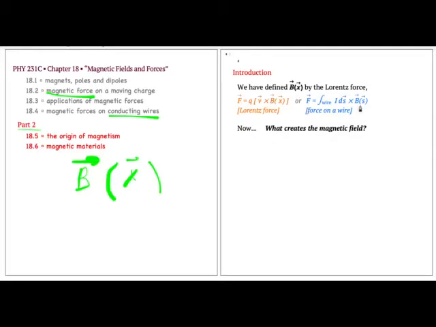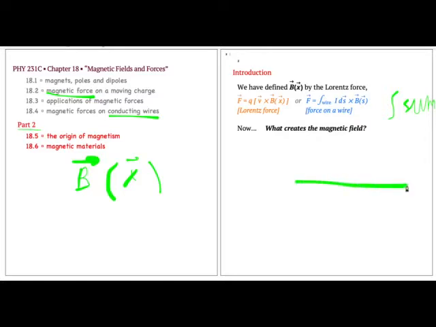Or the force on a wire carrying a current I in a magnetic field. It's the sum, so this symbol means sum. It's really a symbol from calculus, but we don't use calculus in physics 232. It's the sum of all the forces on little parts of the wire.